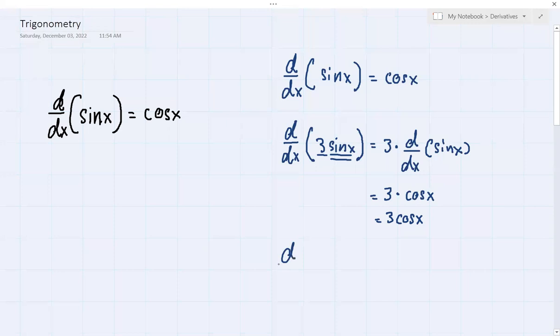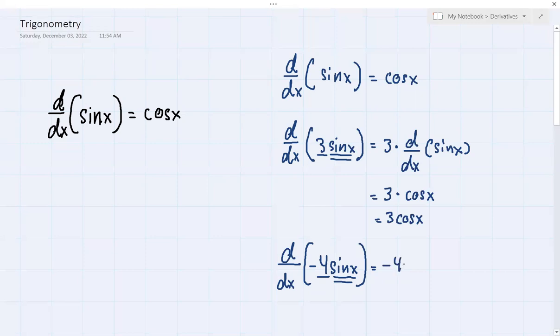Alright? So, let's have this example. Try nga natin. Let's just say we have negative 4 times sin x. So, again, meron tayong constant at trigonometric function na si sin x.